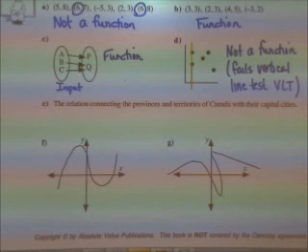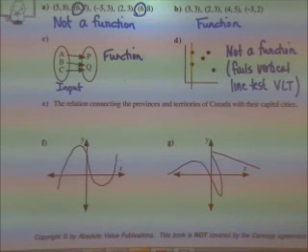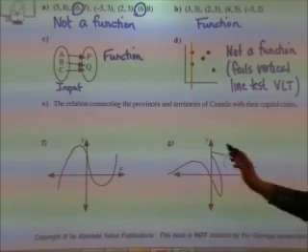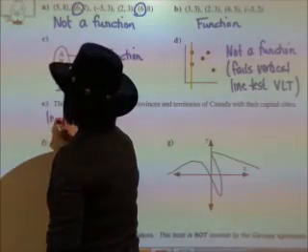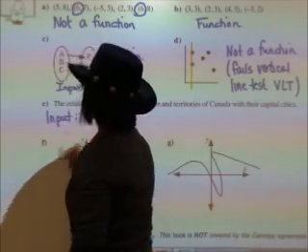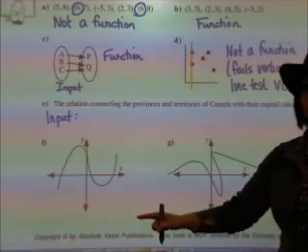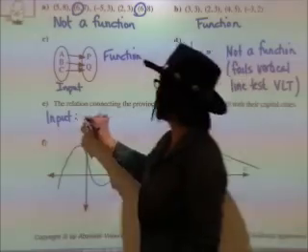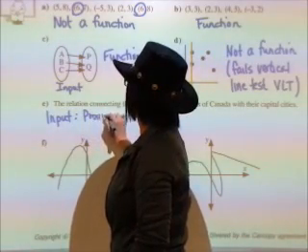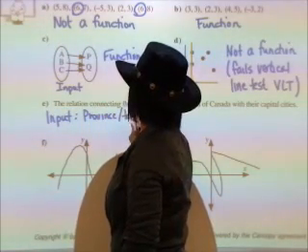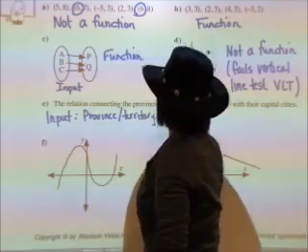The relation connecting the provinces and territories with their capital cities. So what's the input? What am I putting in? The province or territory, okay? What's the output?